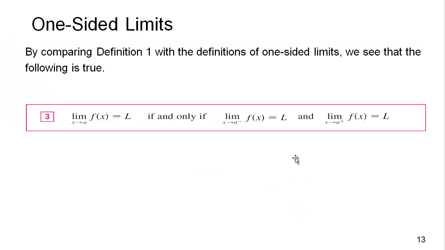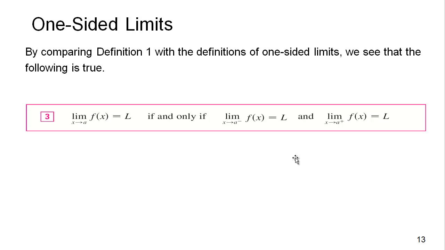Okay, once we have these two one-sided limits, we have this nice definition that the limit of the function equals L if and only if the left-hand and right-hand limits also equal L. And an if and only if means it goes in both directions.